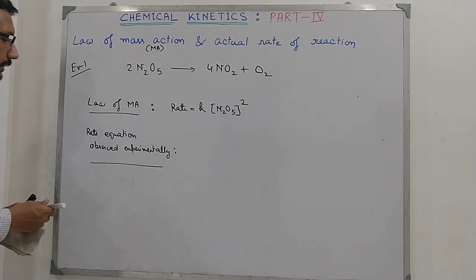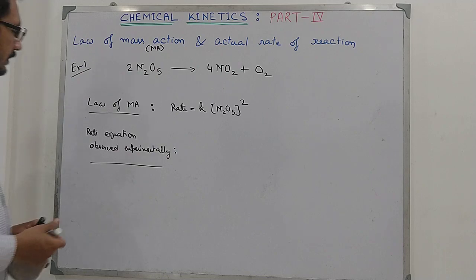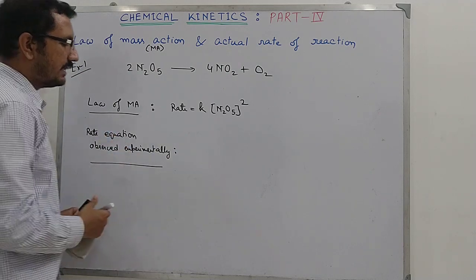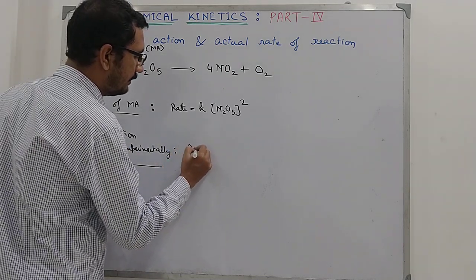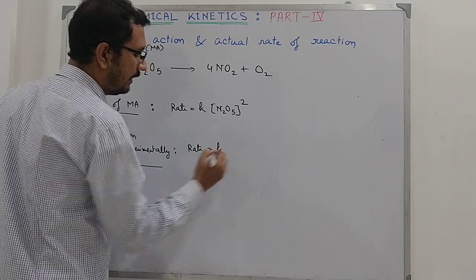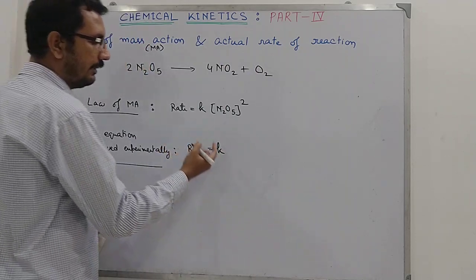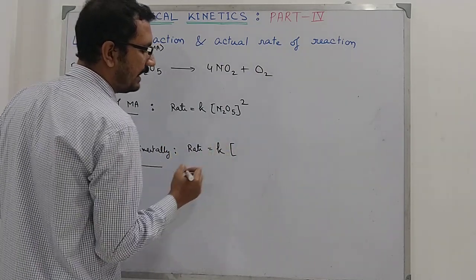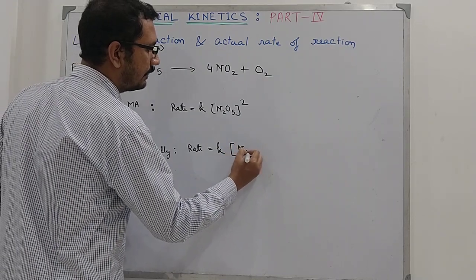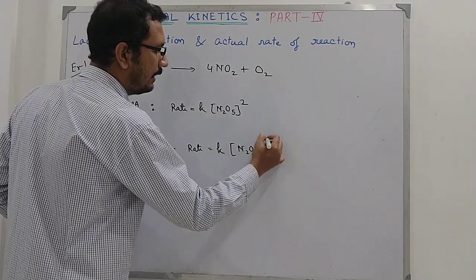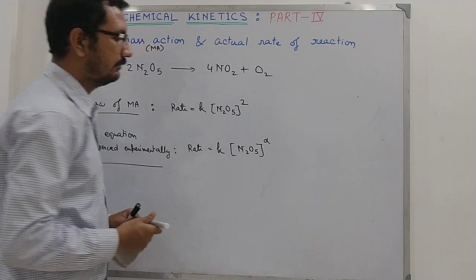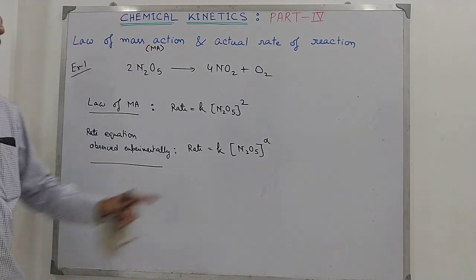Now how will you get the experimentally observed rate equation? You first write rate equal to rate constant multiplied by the concentration of the reactant to the power alpha. That is, you don't know the order of the reaction.